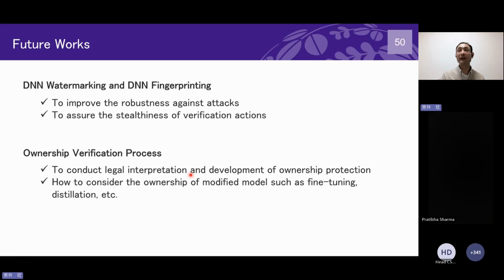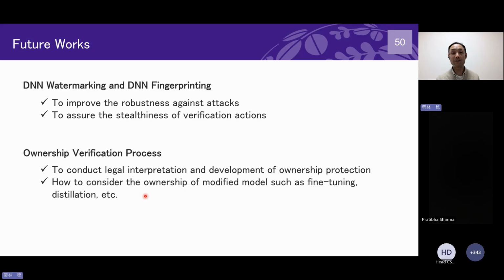But if it is slightly modified from the original model, then such a slightly modified model can be regarded as an illegal copy. So how to define this? It is how to draw a line: this is the original, this is a modified version. And how to consider the ownership of a modified model, such as fine-tuning or distillation, is a very difficult task.